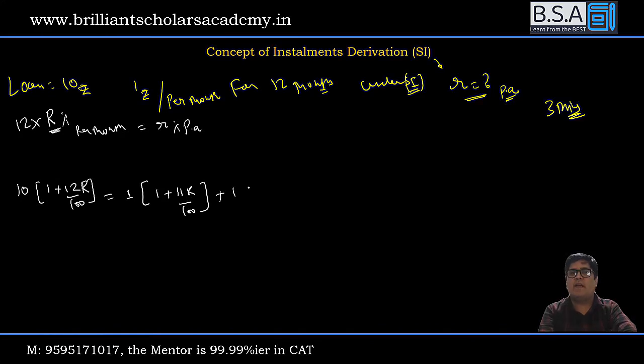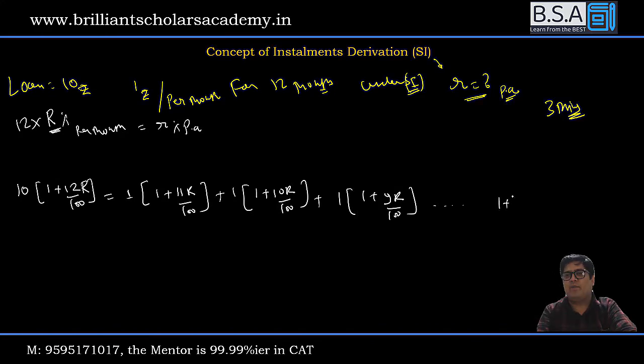The payment you make at the end of February will increase for 10 times. Similarly, the next one will increase for 9 times. The one you make in November will increase for 1 month, and the one you make at the end of December will not increase.